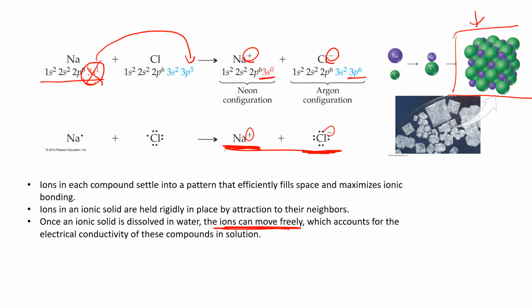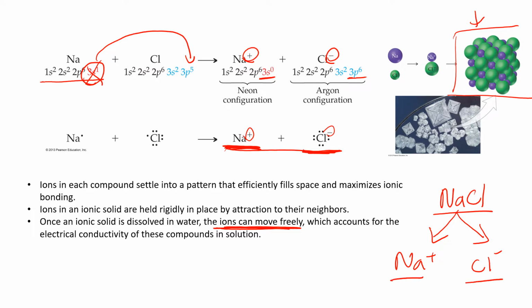So if you look at salt in your salt shaker, it's a solid, meaning that it looks like this. It's bonded together. But if you add that to water and salt is soluble in water, you will actually get this to break up into cation and anion, okay? And because these are charged particles, and electricity is literally defined as the flow of electrons, these compounds tend to conduct electricity.